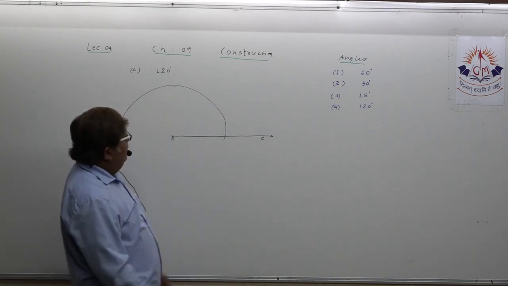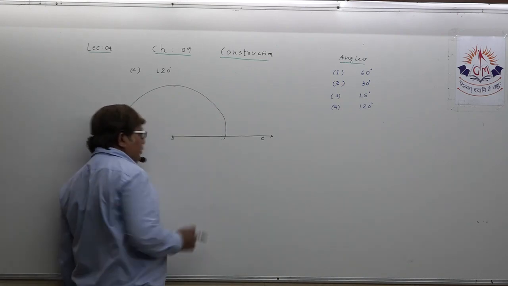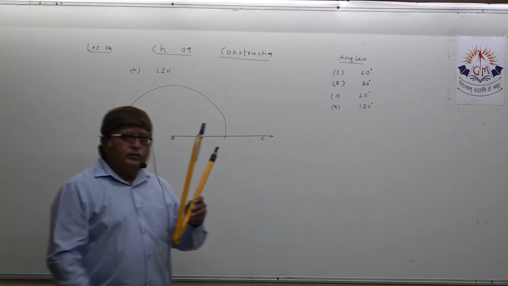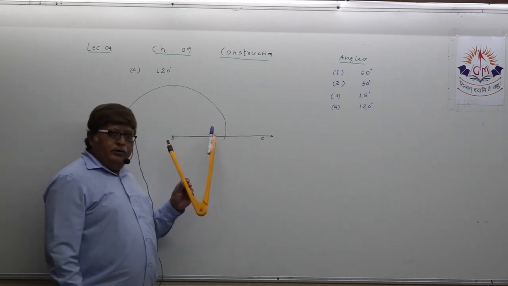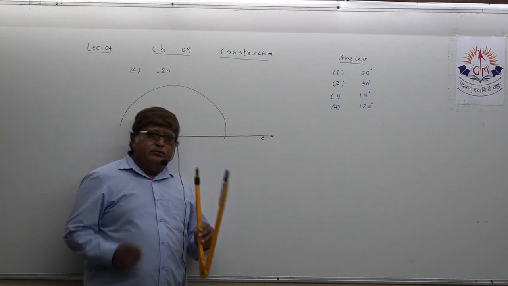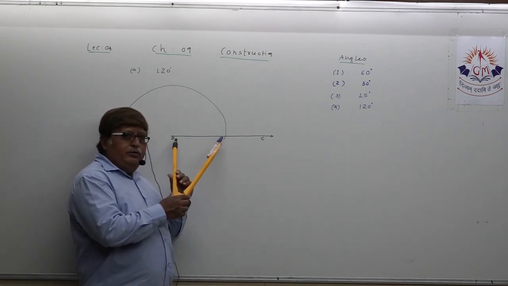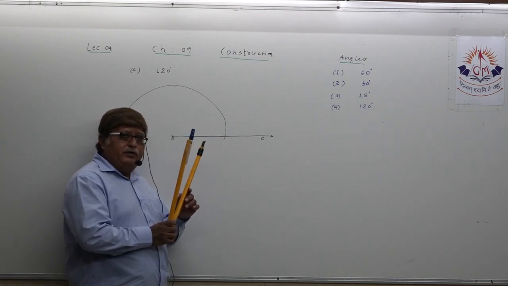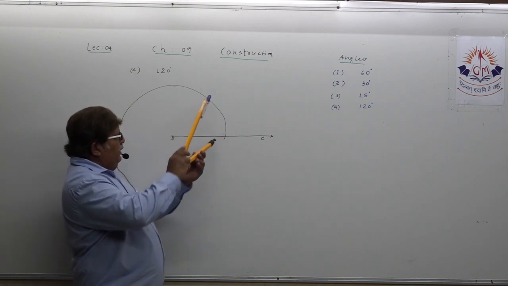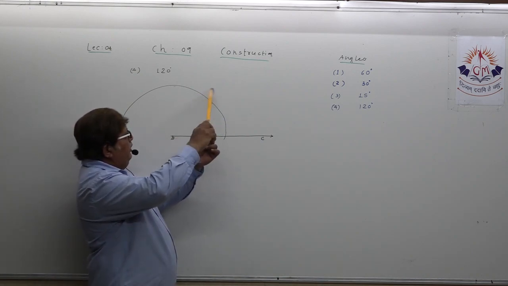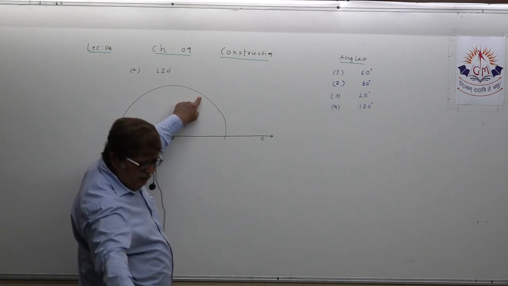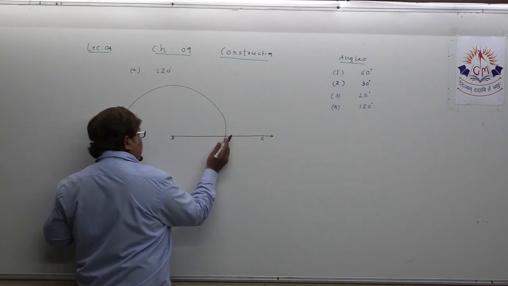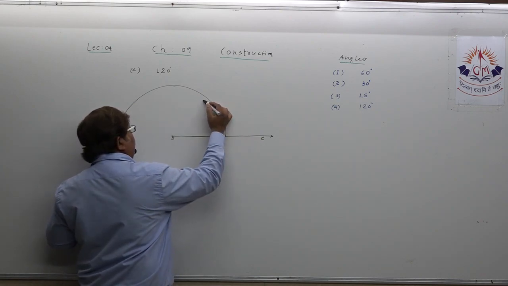Okay. Now what you have to do, after you draw this particular arc, keeping radius common, as I told you, whenever you construct any angle, once you take any particular radius, please try to maintain the same radius till the end. So now I will center compass here and will cut this arc, which I am doing now. Centering compass here, I am intersecting this arc.